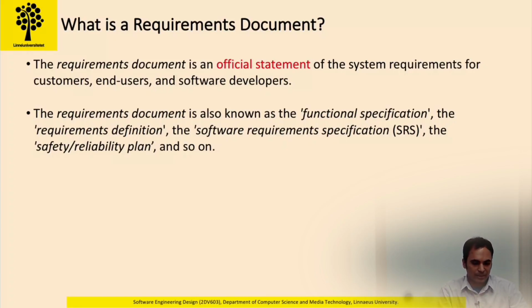As I mentioned earlier, it's not only definition, it also gives other descriptions and details of the requirements. And the most common term that people use these days is software requirements specification, SRS. But it can also be called a safety or reliability plan, but this is more of a non-functional term.